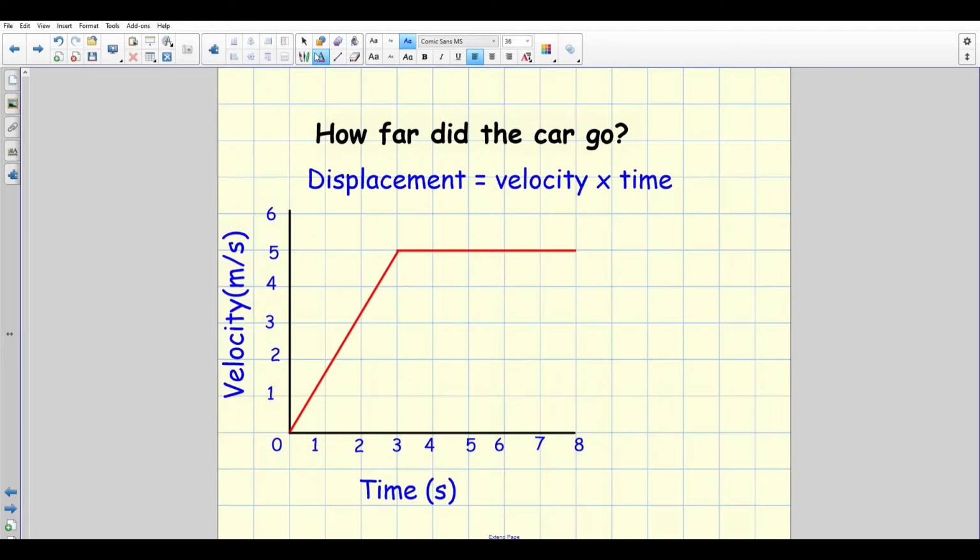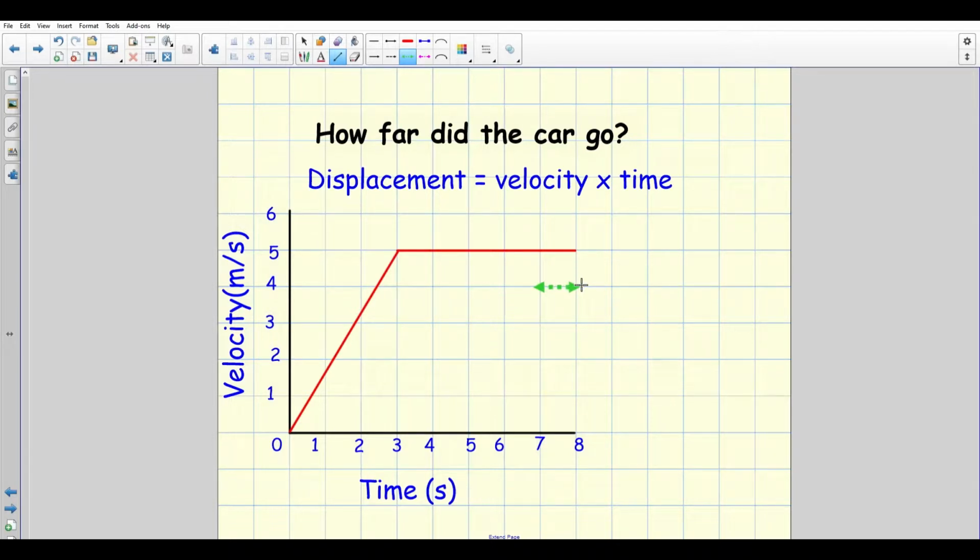If I want to know how far this car's gone, I need to multiply the speed it's going by how long it took. For a small example, I might just take this little box here.